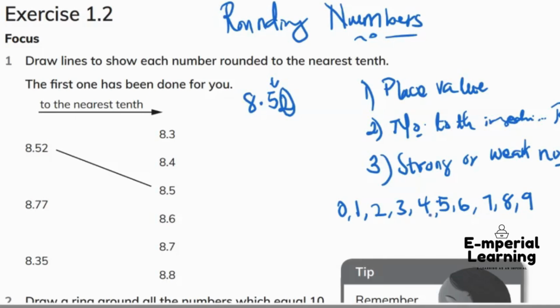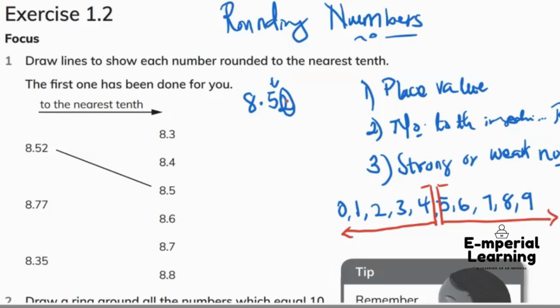The strong numbers are from 5 and above, so 5 to 9. The weak numbers are from 4 down: 4, 3, 2, 1, and 0.